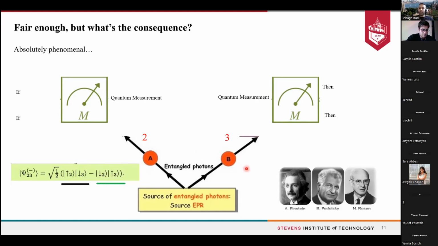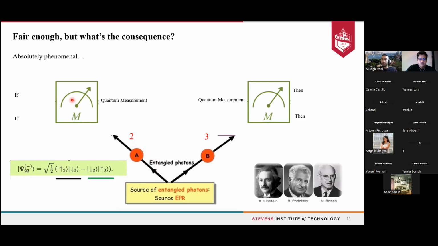So now you want to share this entangled pair between 2 parties. This is the first party and this is the second party. You send photon 2 here and you send photon 3 here, and you want to do the quantum measurement on photon 2. There's a 50% chance because of this 1 over 2 here.